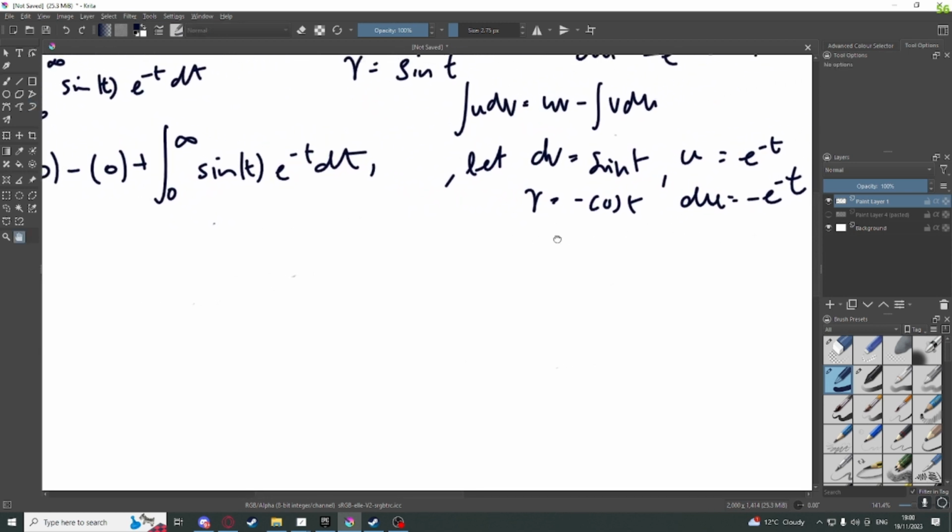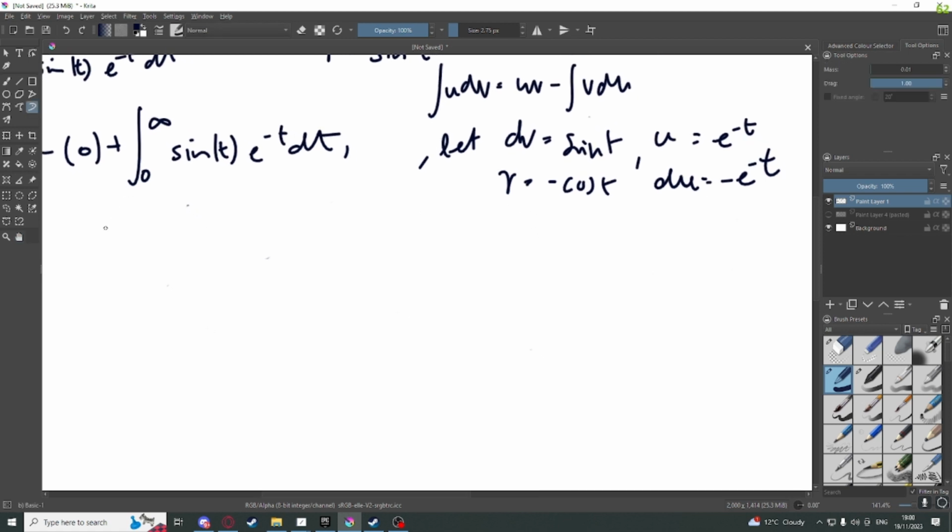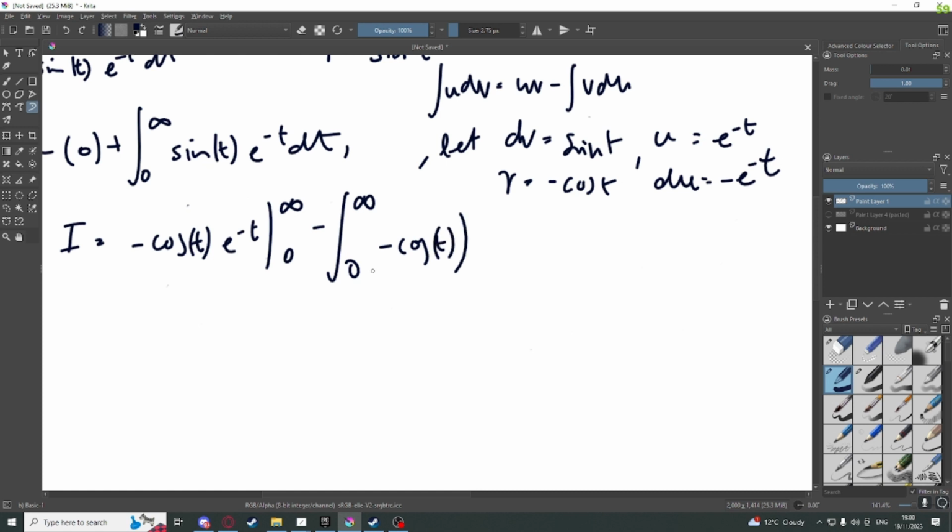And so using the integration by parts formula, I becomes uv, so negative cos of t e to the negative t, evaluated from 0 to infinity, minus my integral from 0 to infinity of negative cos of t times negative e to the negative t.